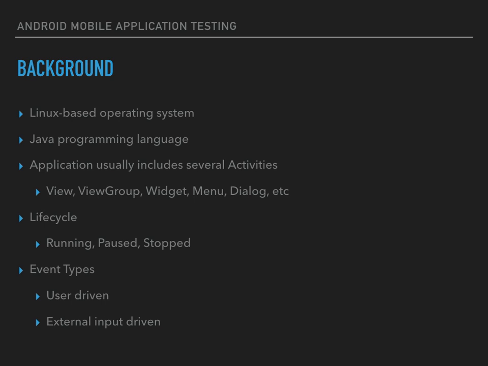These things: views, view groups, widgets, menus, and dialogues make up a GUI interface so that the user can now interact with your app. So some views would be an edit text view, a view just displaying text, buttons. All these things are views.